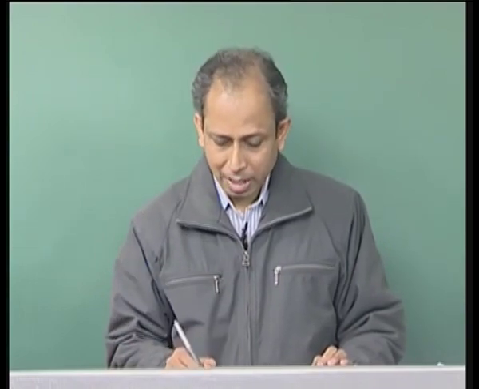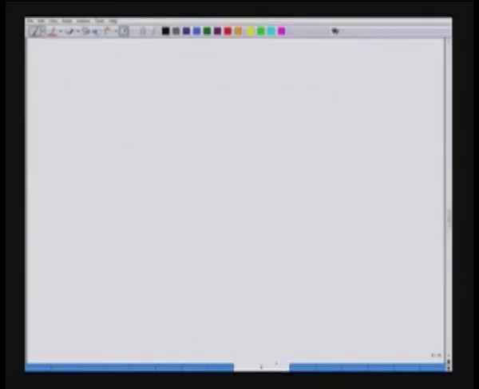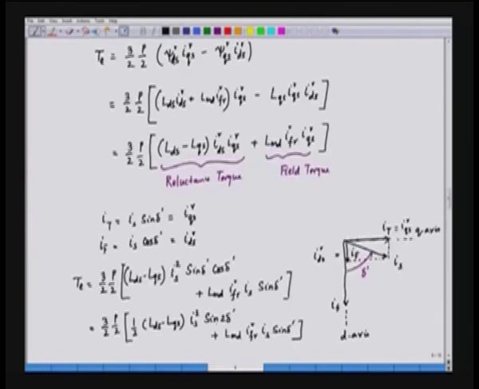If we look at the first term, sine of 2 delta prime, with delta prime equal to pi by 2, 2 delta prime is pi, and sine of pi is equal to 0. So, the first term vanishes.